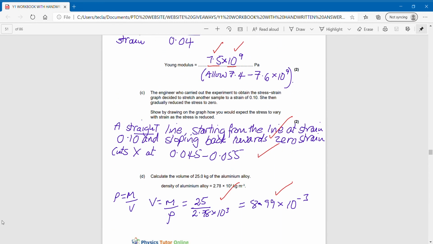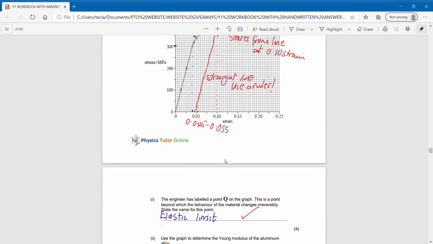Part C. The engineer who carried out the experiment to obtain the stress strain graph decided to stretch another sample to a strain of 0.1. She then gradually reduced the stress to 0. Show by drawing on the graph how you would expect the stress to vary with strain as the stress is reduced. So we would have a straight line starting from the line at strain 0.1 and sloping back towards 0 strain, cutting the x-axis at 0.045 to 0.055.